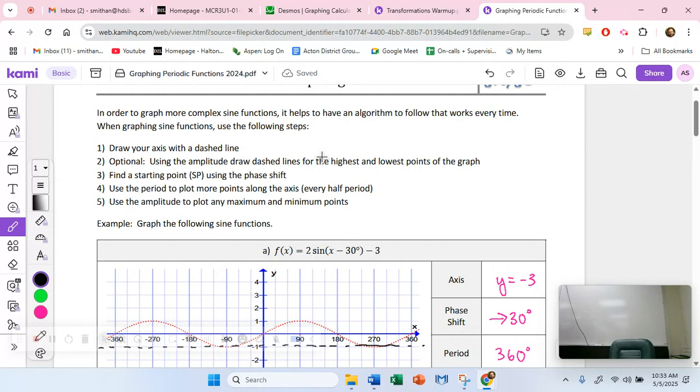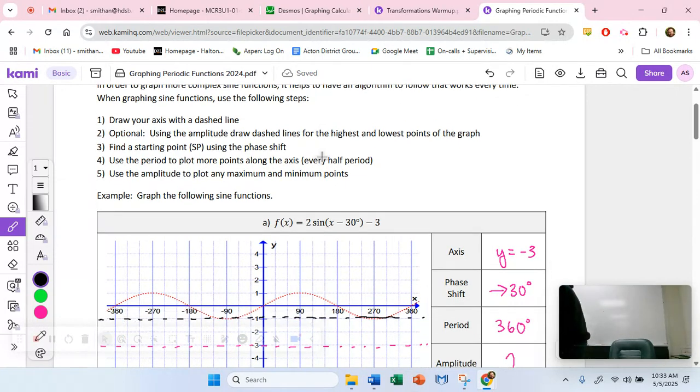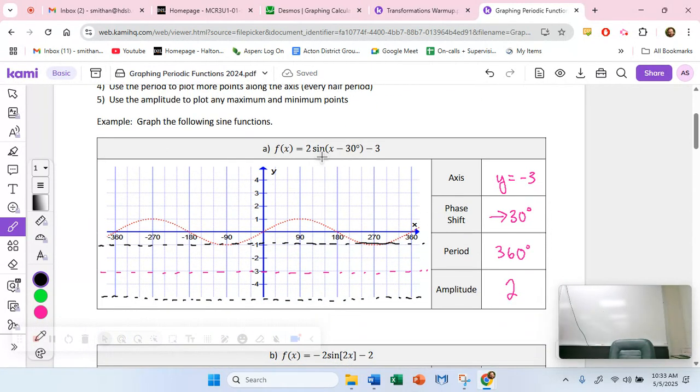So for our sketch, what we're drawing here, instead of starting at 0, 0, we have moved everything down 3 units. So we would start at 0 minus 3, except we've also shifted everything to the right by 30 degrees. So instead of starting at 0, 0, that point has been shifted down 3 and right 30.